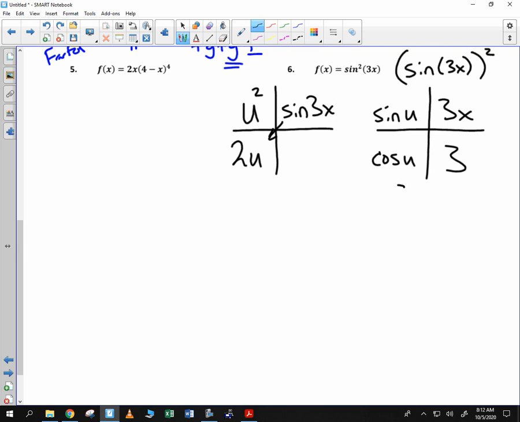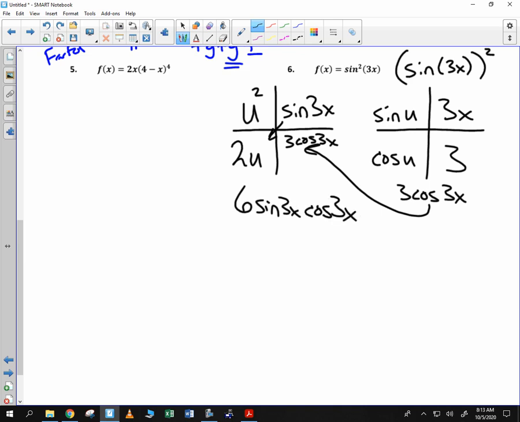Multiply those, and we get 3 cosine of 3x. That is this derivative here, 3 cosine of 3x. Multiply these together, and I get 6 sine of 3x times cosine of 3x. That's my derivative, the chain rule twice.